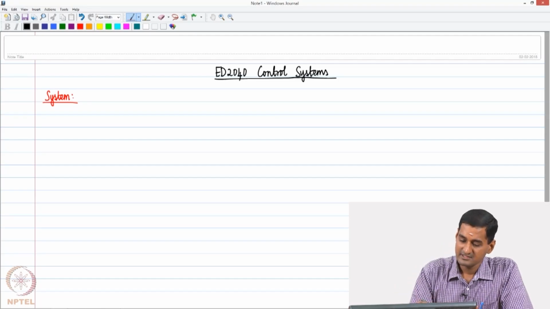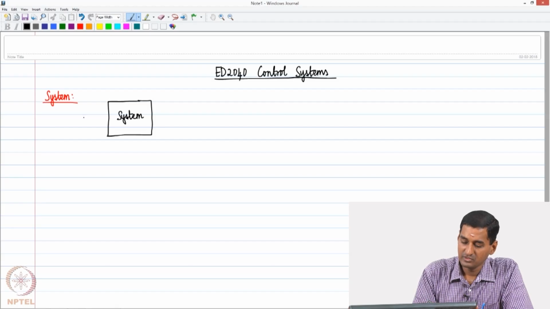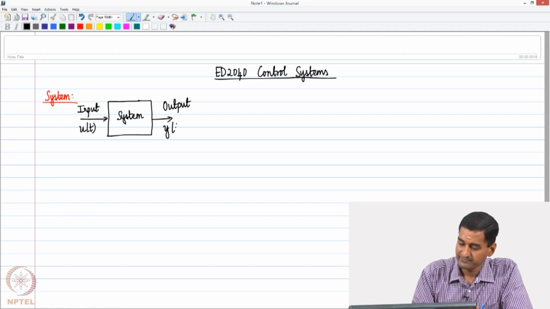So, for us a system is an entity to which we give an input u of t and we get an output y of t. Okay.